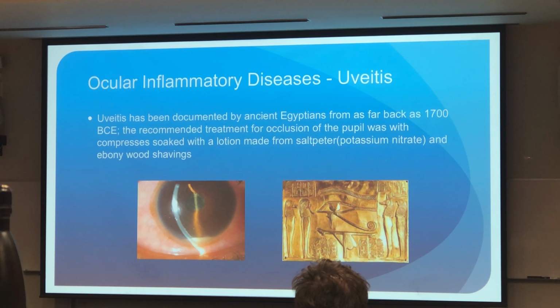And maybe because of that, they noticed uveitis back in ancient Egypt. And back then, they actually had a treatment. It's been described as using a compress soaked in a lotion made from saltpeter and wood shavings.